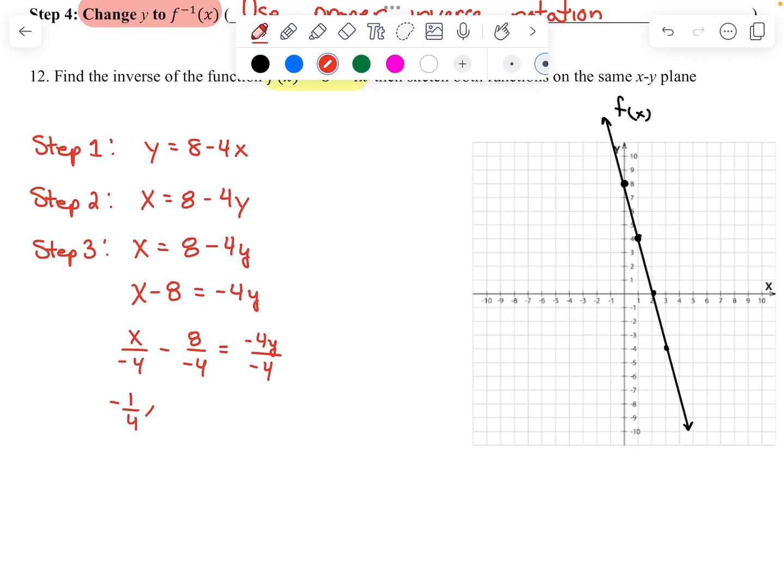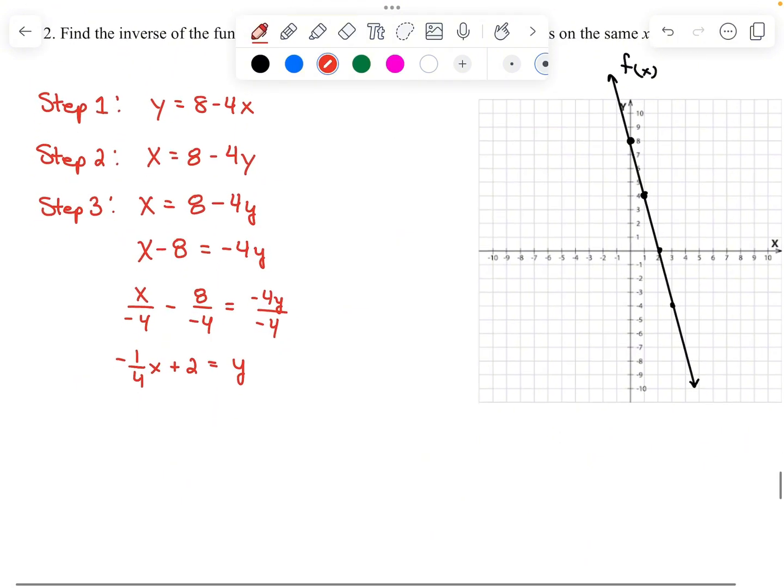And the result is negative 1/4 x plus 2 is equal to y. And finally, step 4 says to use proper inverse function notation. So we're going to replace y with f inverse of x.